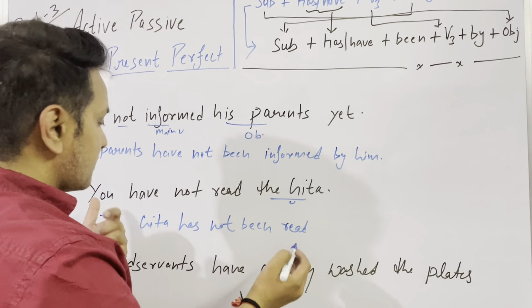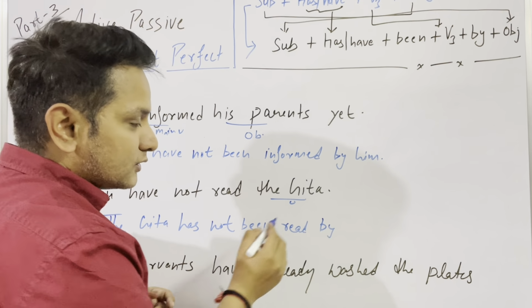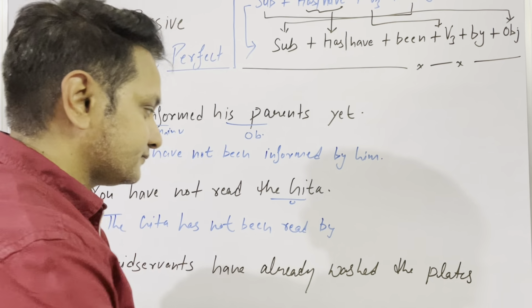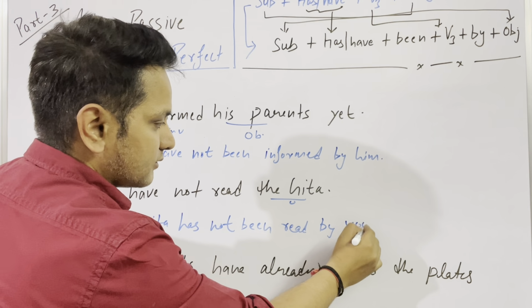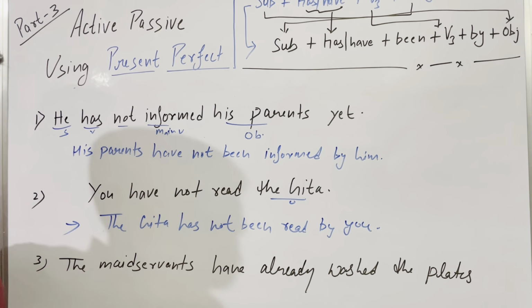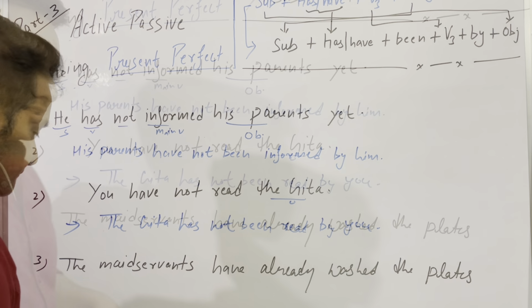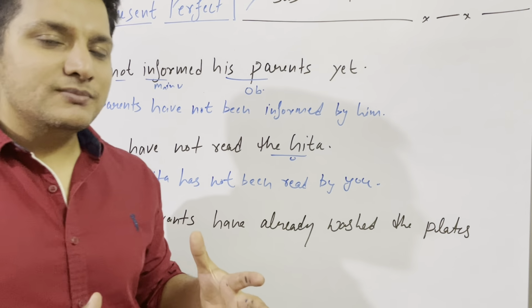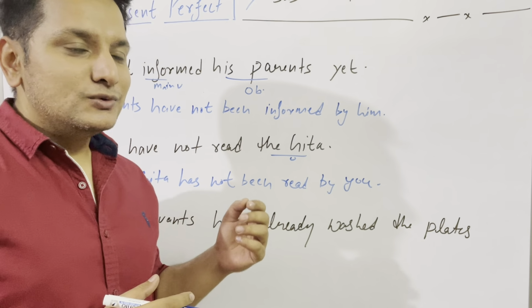Has not been read by. You will always remain you, right? By you. The Gita has not been read by you. This is a passive.